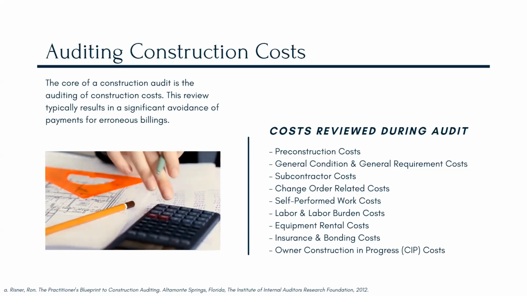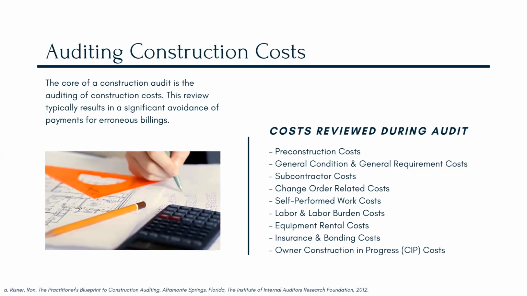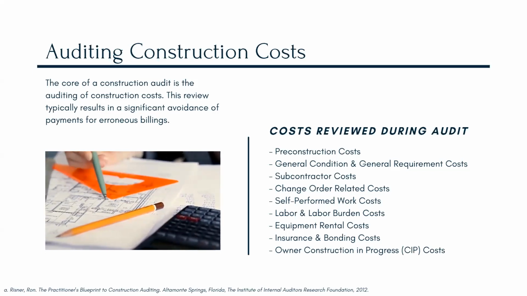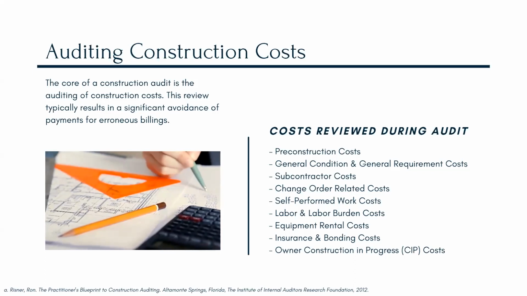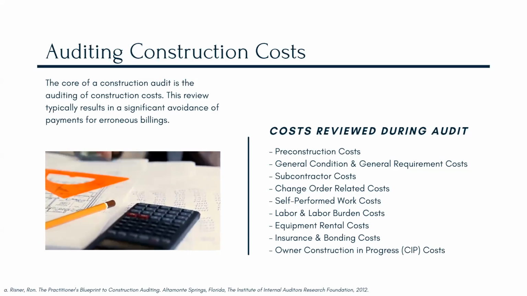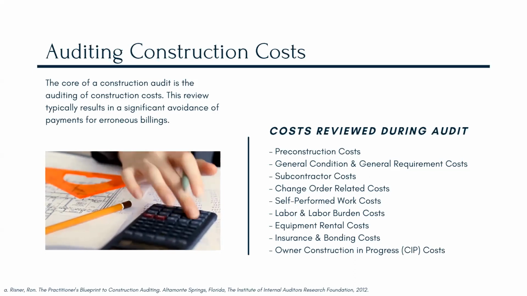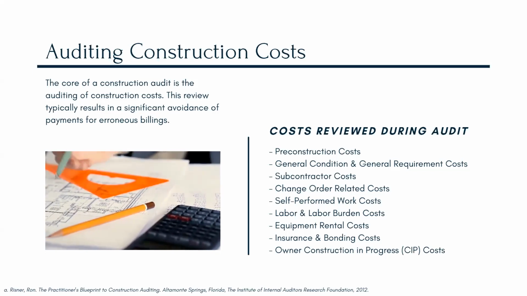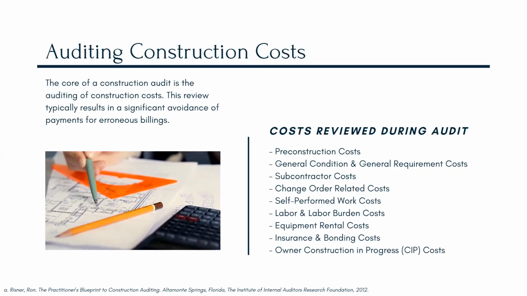Those general conditions typically are called out in the contract. They're definitely called out on the schedule of values. And those costs, again depending on the type of contract, are a great place to audit and often result in some form of exceptions or findings.